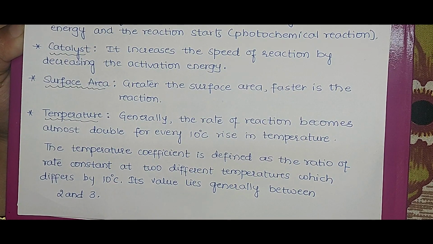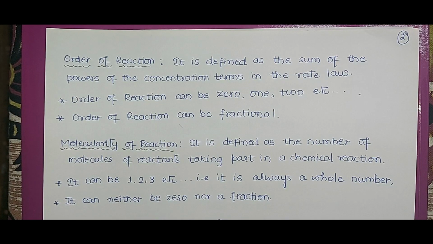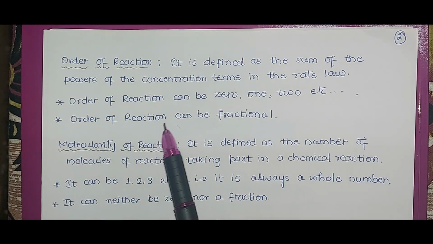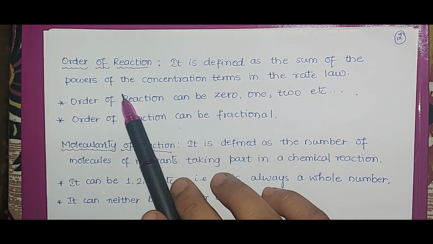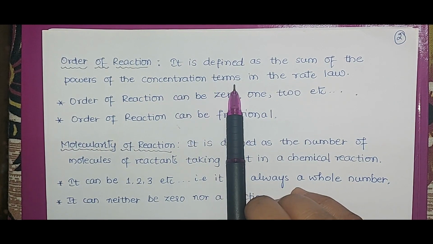Next is order of reaction. Order of reaction is defined as the sum of the powers of the concentration terms in the rate law, or the experimentally determined rate law.